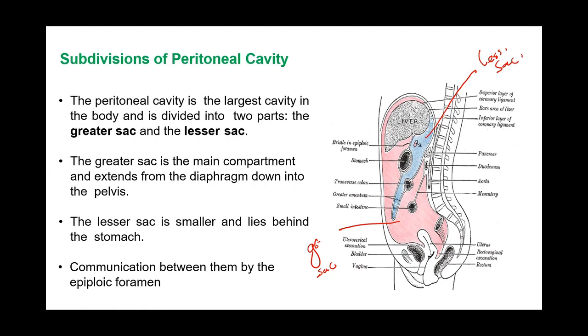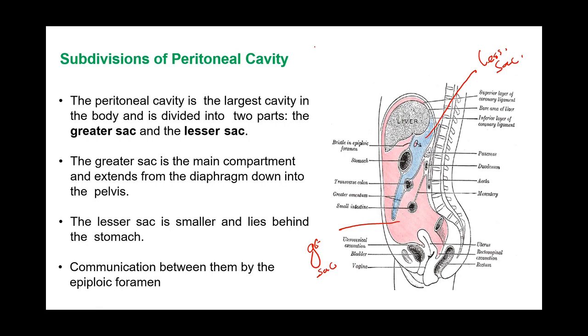If you notice, the greater sac is the main compartment and extends from the diaphragm down into the pelvis. It is the bigger portion of the peritoneal cavity. The lesser sac is smaller and lies behind the stomach. Communication between them is by the epiploic foramen, or the foramen of Winslow.